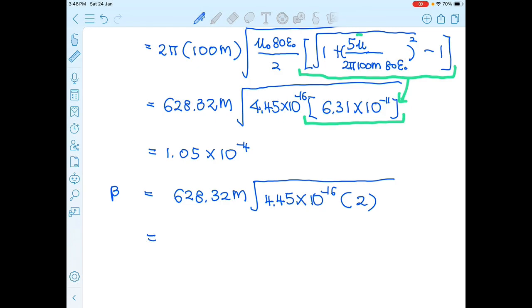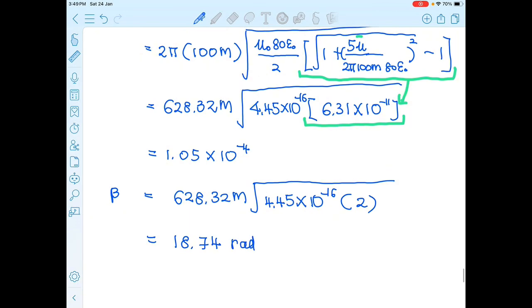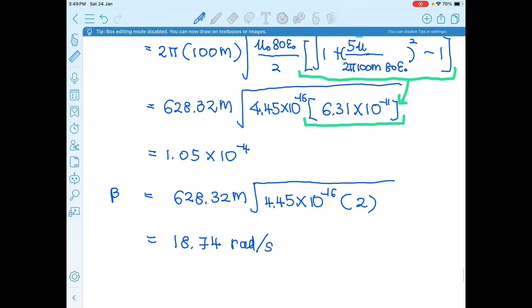So if you do it, 4.45, square root, it's 18.74 radian per second. Okay, and this is nepers.